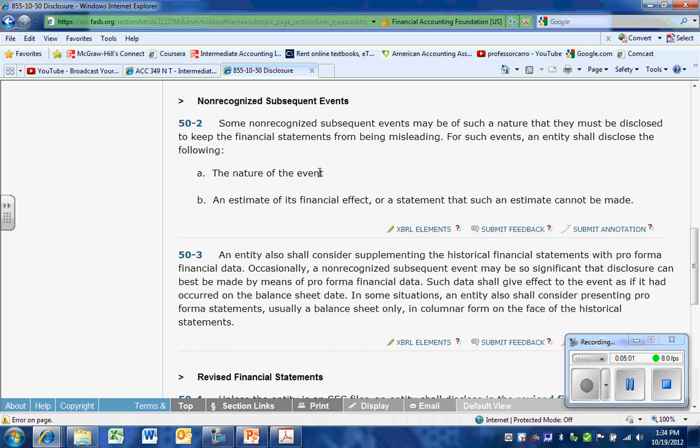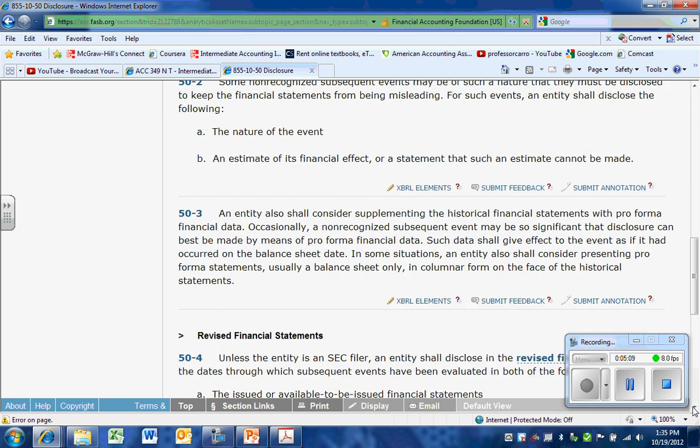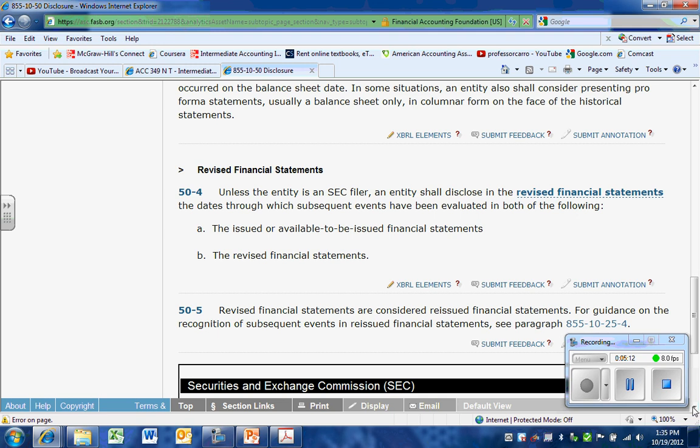They talk about how and what we have to disclose: the nature of the event, and the estimate of the financial effect. And in an extreme case, we may be required to revise financial statements after the balance sheet date. However, that is exceedingly rare.